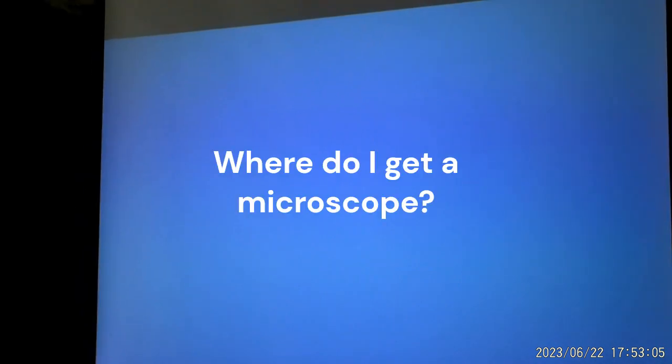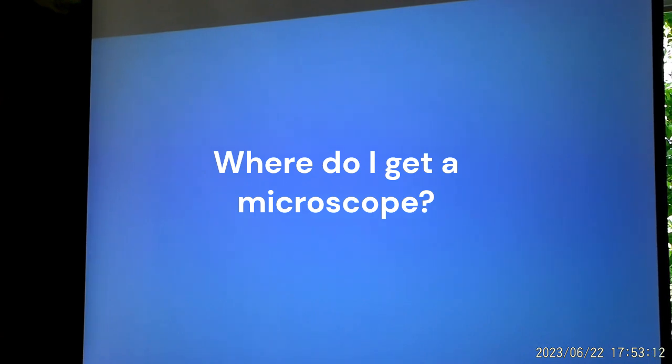Where's the best place to buy a microscope from? Relatively inexpensive. Well, you can join NOFA Mass as a member, and you can take advantage of some of the discounts that we offer for our members. There's discount codes for LW Scientific. That is not the best entry-level microscope for people that are wanting to get into this.